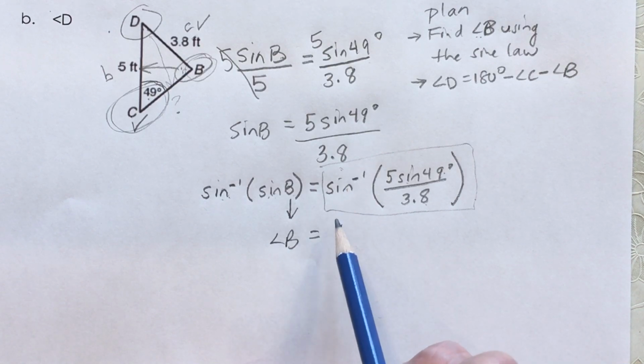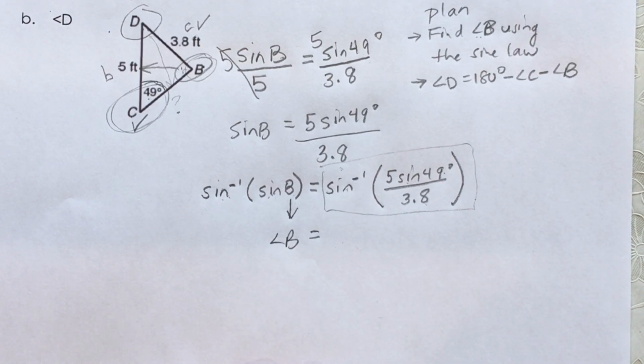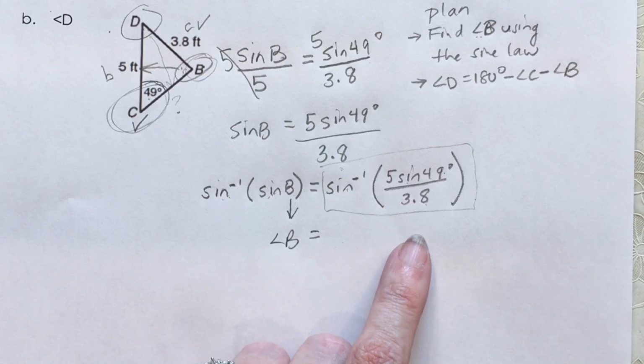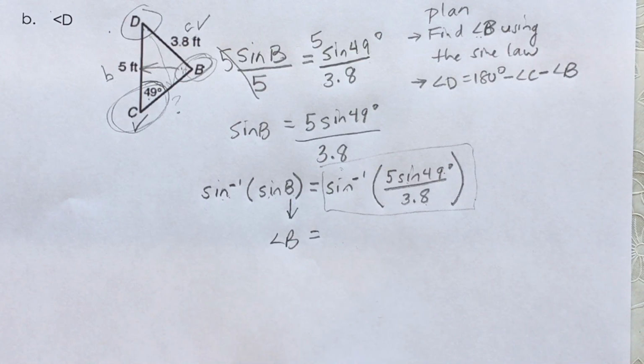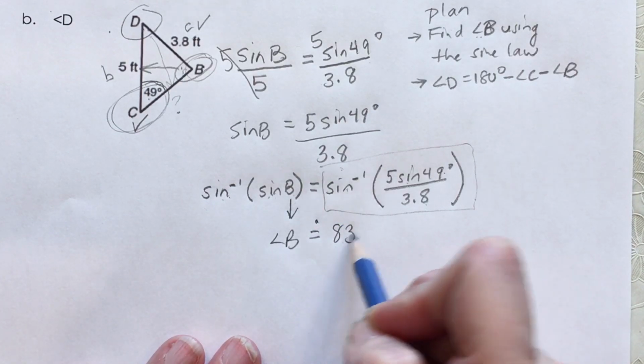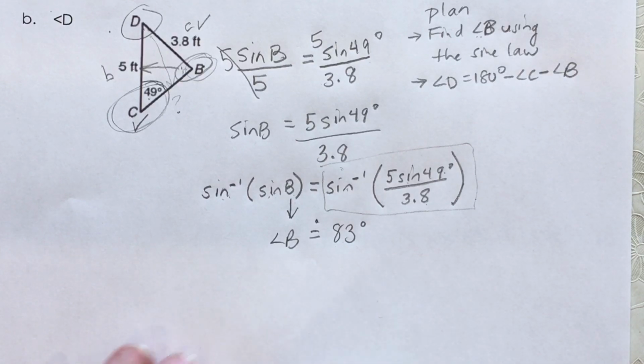In my calculator, I can actually press shift or second and sine first, and it opens up a bracket for me. Inside that bracket, I can type 5 times the sine of 49 degrees divided by 3.8. Close that bracket, and it will go directly to give me the angle, which says 83.2, but we usually round angles to the nearest degree, so I'm going to say approximately 83 degrees.